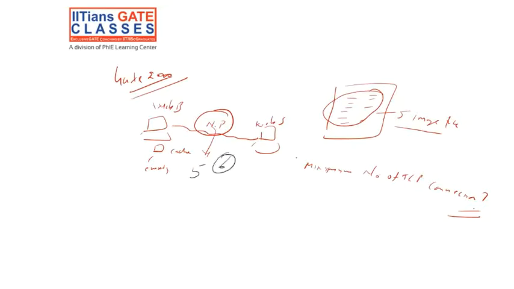First object for the base file and 5 objects for the images. So for each object, one TCP connection. So the answer is 6. We discussed just now that in HTTP non-persistent, for each object there is one TCP connection. So this is the GATE 2020 question.